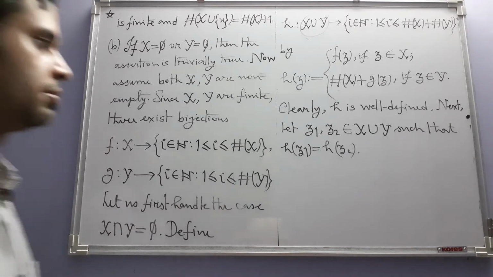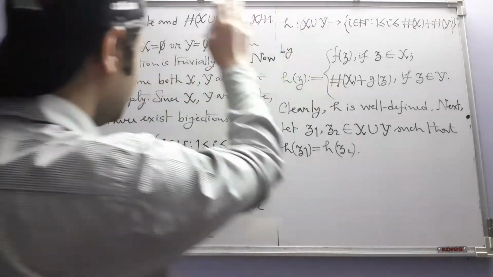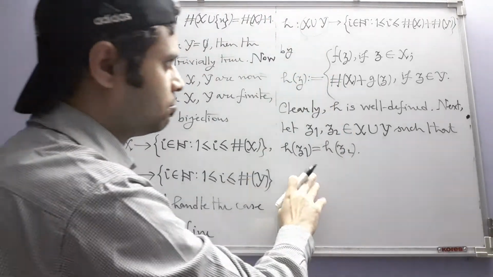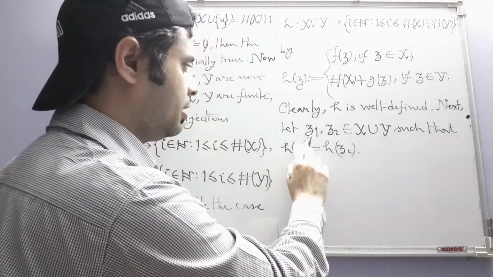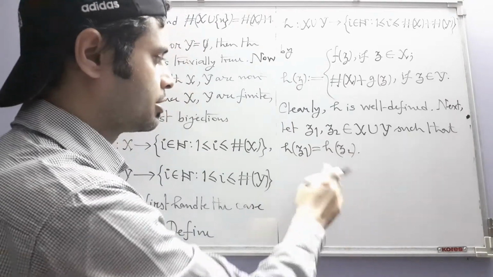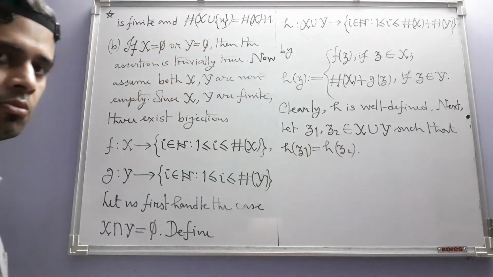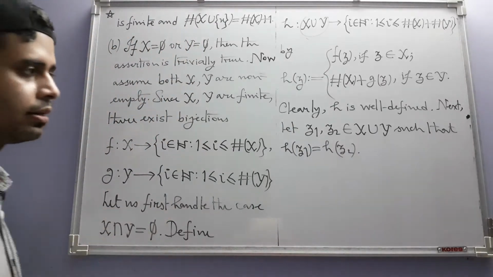Okay, so here also, just like the previous part, we have to prove that we get something wrong if we assume Z1 belongs to X, for example, and Z2 belongs to Y, or the other way around.